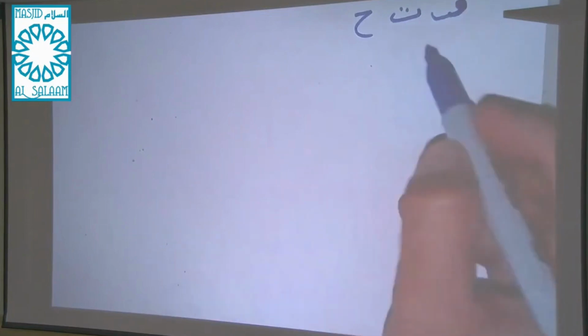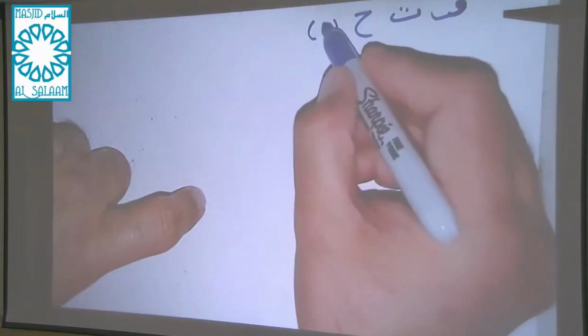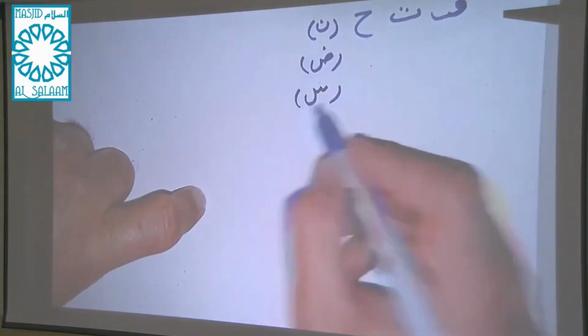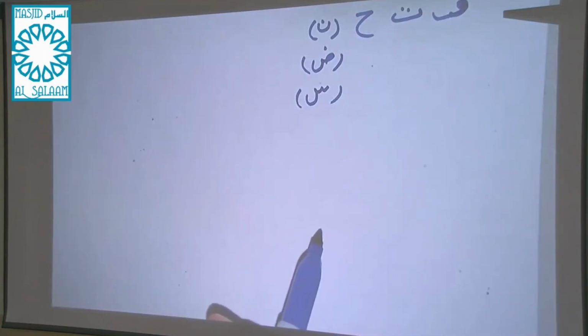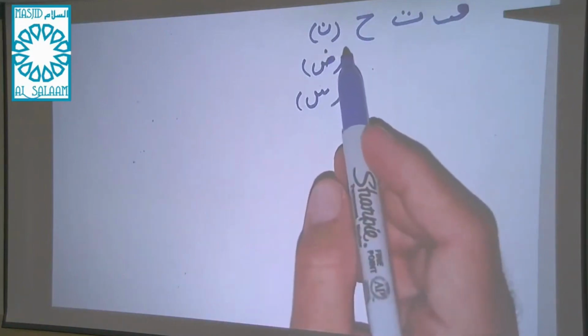When you find an Arabic dictionary, they'll give you the root letters of a verb, and in the bracket, they will put something like a noon, or dad, or seen. What do they mean? These are the names of the patterns. Okay? I'm just telling you ahead of time. You don't need to know them right now. But in an Arabic dictionary, when they give you root letters, they also provide you the name of the pattern. Okay? So our pattern right now is denoted by fa.